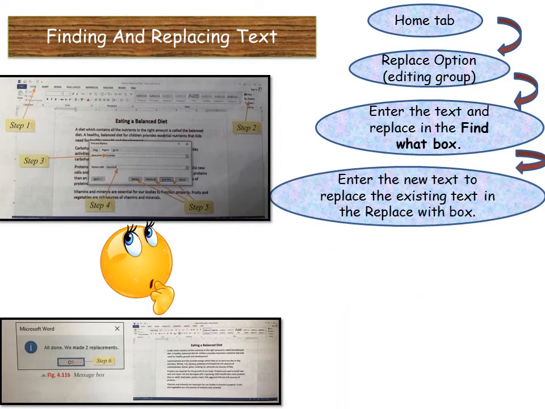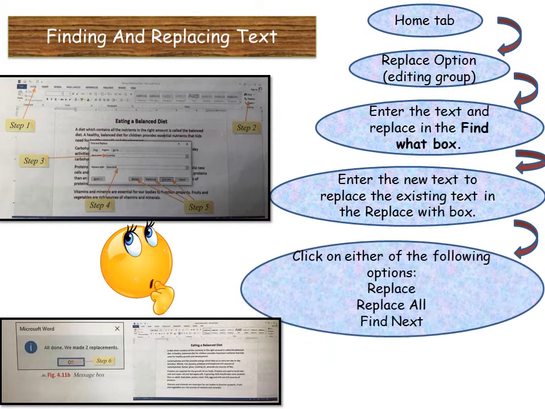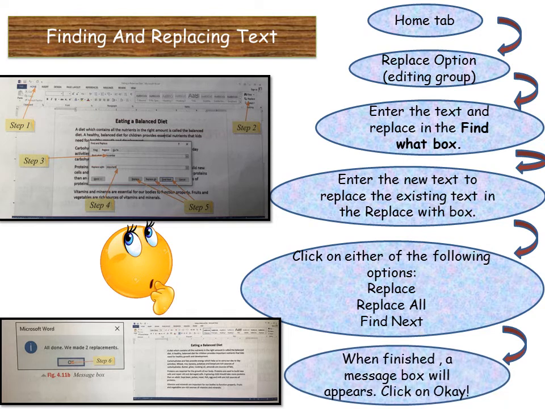Next, enter the new text to replace the existing text in the Replace With box. Then, click on either of the following options: Replace, Replace All, Find Next. Then, when finished, a message box will appear. Now, click on OK.